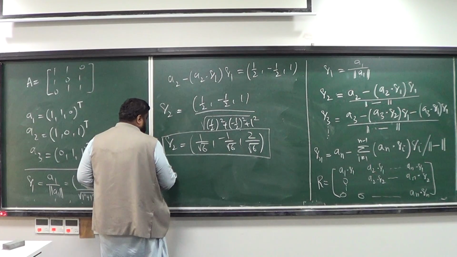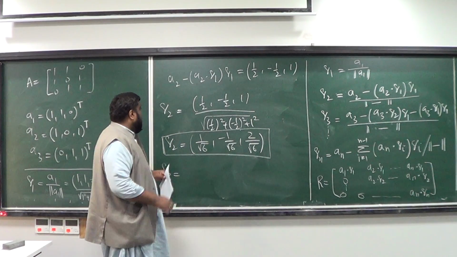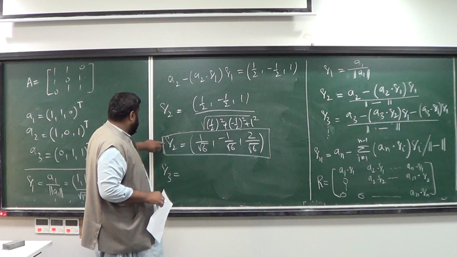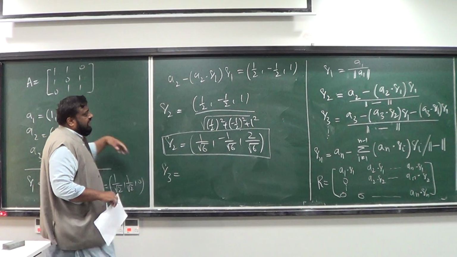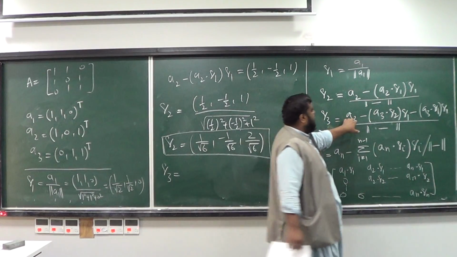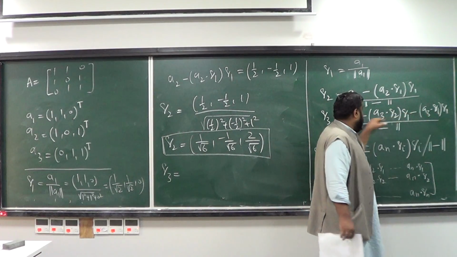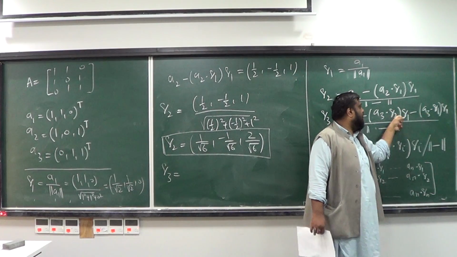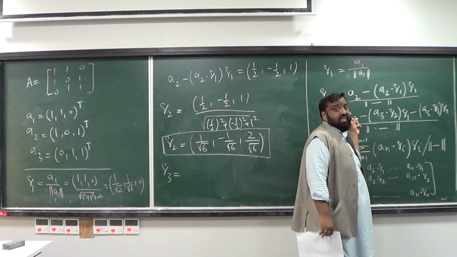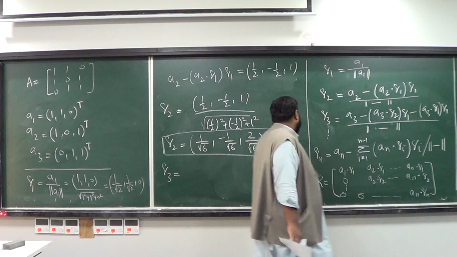Similarly, if you take Q2, Q1, A1, A2 and A3 and make the substitution here, calculate these dot products with these two vectors and then subtract from this vector, divided by the magnitude, you are going to get Q3.